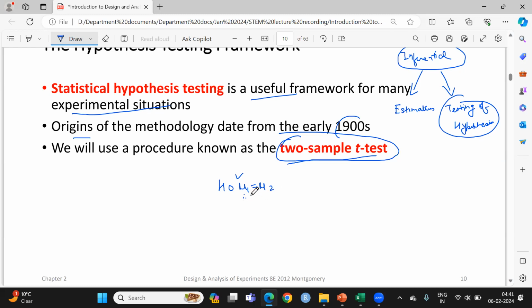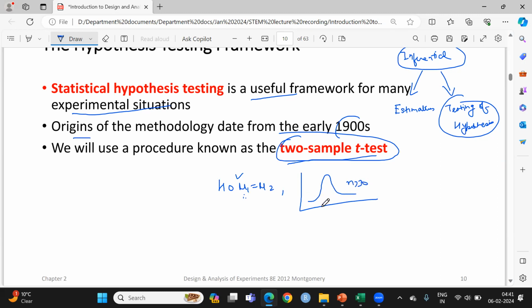For that, we have some assumptions. The first assumption is that the data set follows a normal distribution, meaning we want the shape of the data set to be bell shaped.